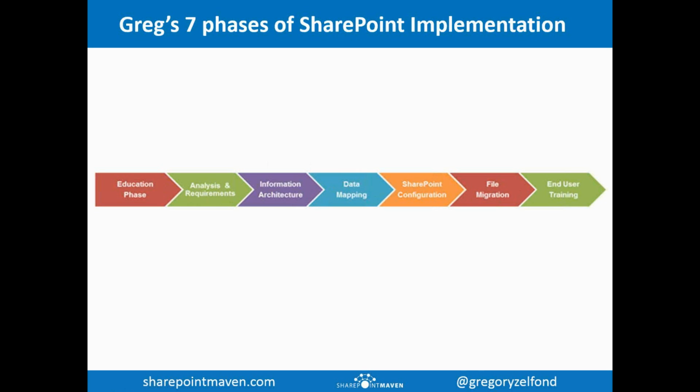Let's create an internet homepage, an HR department site, and maybe a site for policies and procedures. So we would take those 3 sites and go through all of these phases for these 3 sites, and for the next 2 or 3 sites you're going to implement, we're going to repeat these phases. Okay, so just want to make sure that that is clear to everyone.